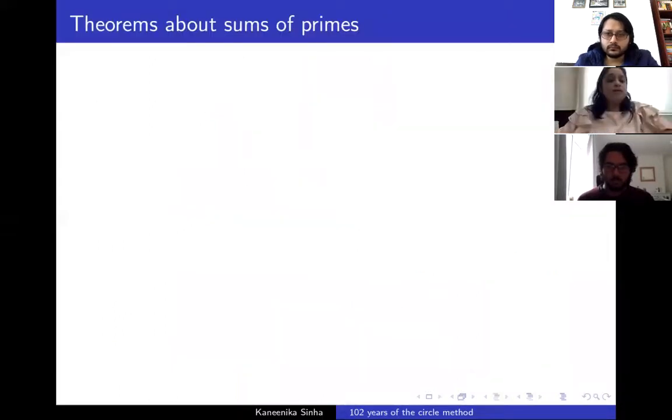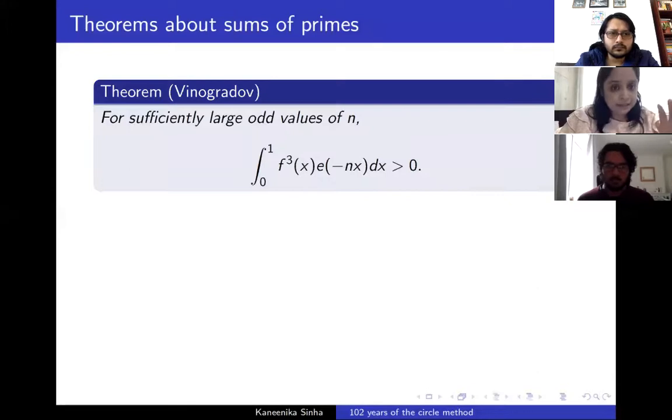So let's just look at the theorems about sums of primes in this new language. What Vinogradov showed, and we will actually discuss briefly a proof of this theorem, is that for sufficiently large odd values of n, this integral associated to the ternary Goldbach conjecture is positive, which is really what you need to show.